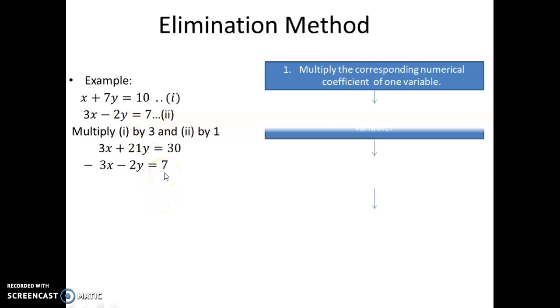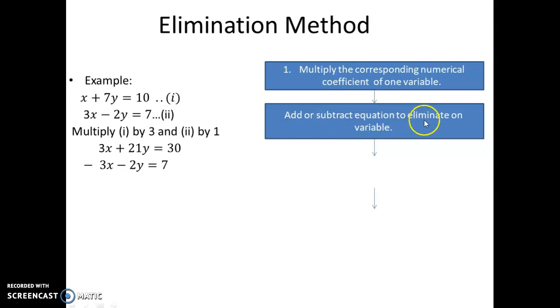What does my second step say? Add or subtract the equations to eliminate one variable. As I can see here, the variable x has equal numerical coefficients with the same sign, that's why I am applying the minus sign. If they are of opposite sign, then I put the plus sign. So what should I get? 3x will cancel out and we get 0.